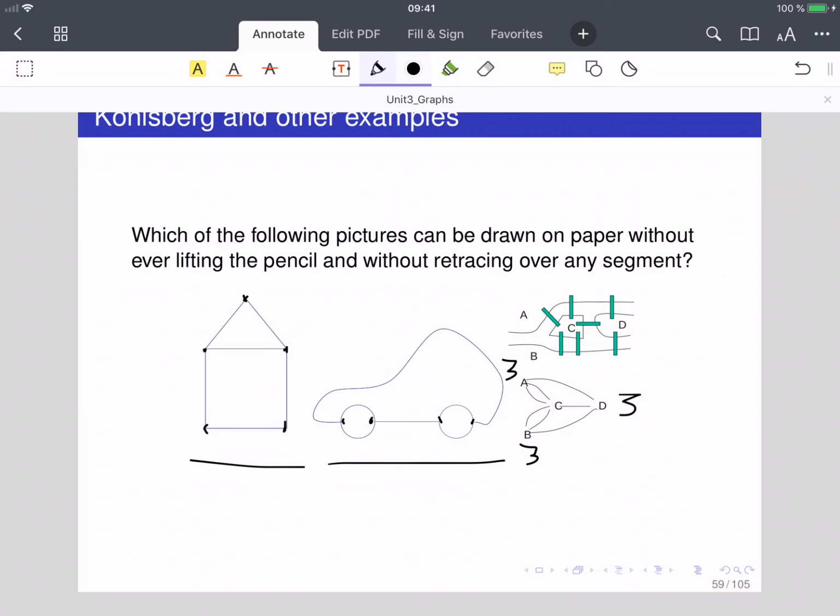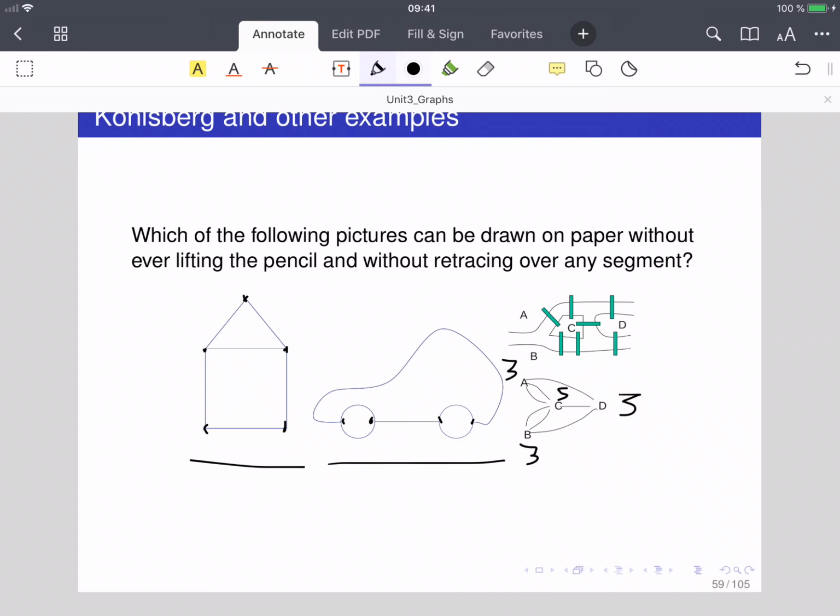Okay, and we also know that the vertex that we have in the middle, C, also has to have odd degree. Because we have 3 odd vertices, so the 4th vertex in the graph also has to have odd degree. In this case, it is, of course, 5. Okay, so this solves the question.